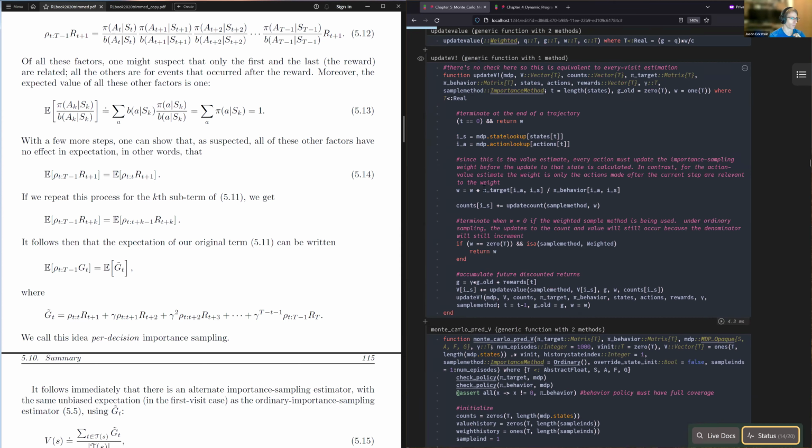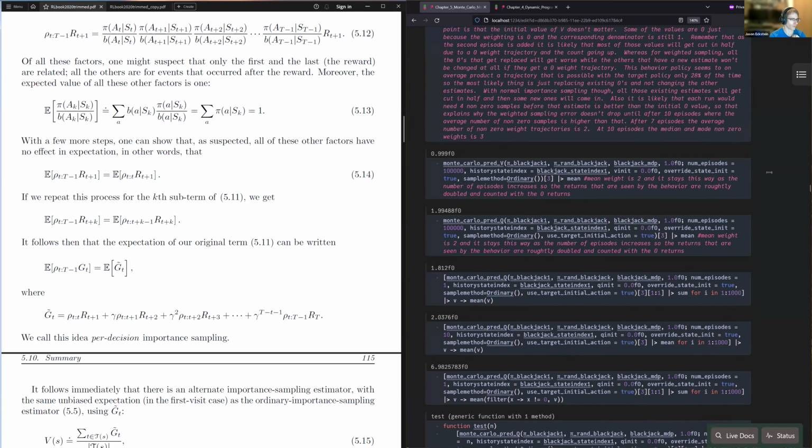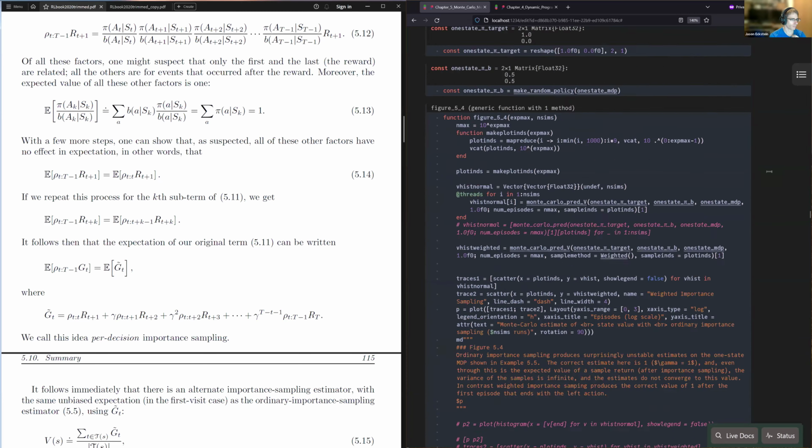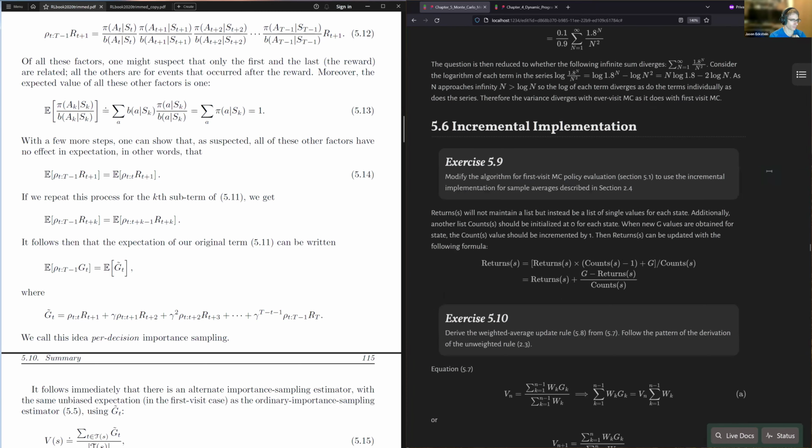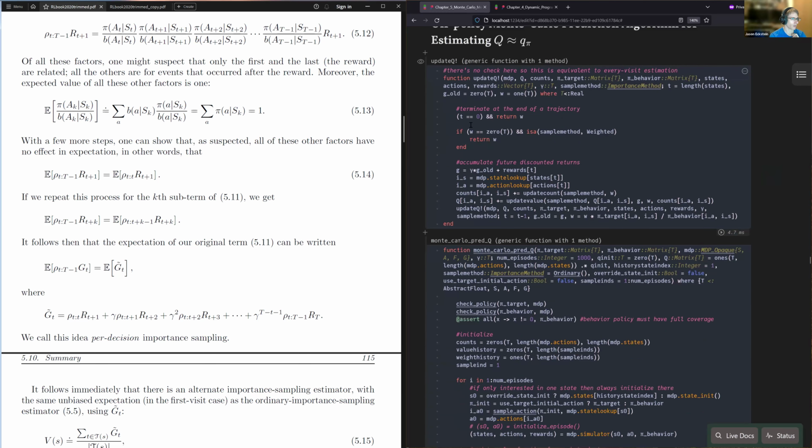So here you update the weight immediately, and then the count, whereas when you do it for the action values, the weight actually doesn't get updated. Wait, where's the weight update? Oh yeah, here. So here's where I update the weight, and it doesn't get updated until the end of this step.